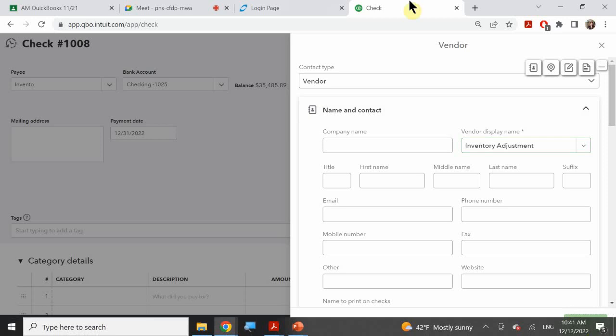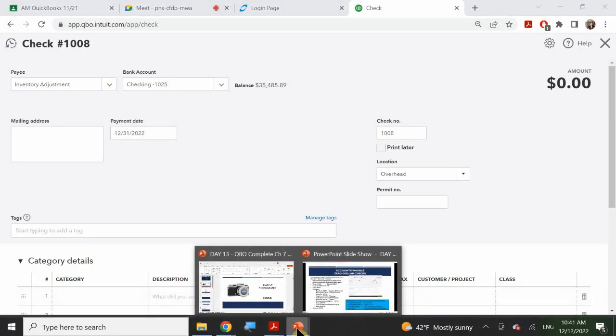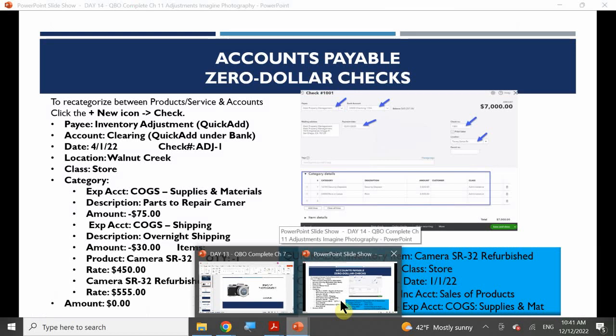Okay, and I'm going to code this to clearing, to the account called clearing, right? Because we're not going to actually spend actual money here. So I'm going to go ahead and create and quick add a bank account called clearing.